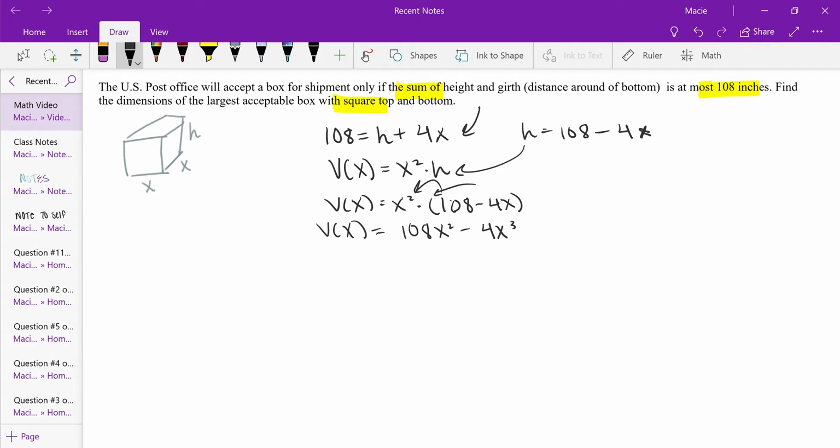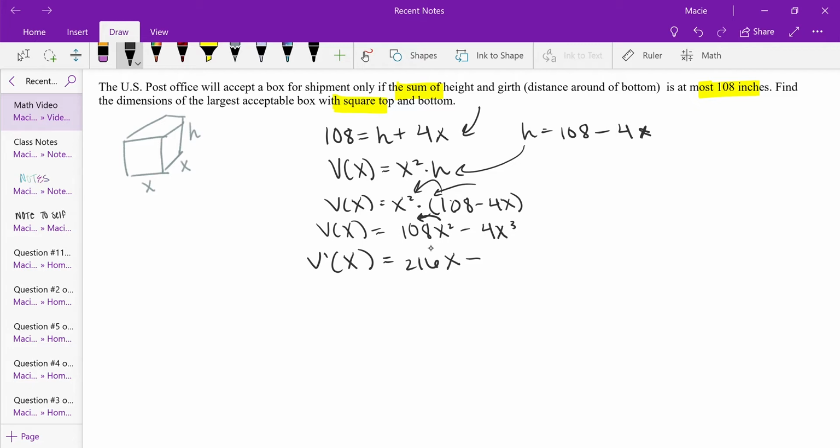The next step is to find the derivative in order to find the critical number, or what x is equal to. So we would do 2 times 108 and then subtract 1 from the exponent, so it would just be 216x, because that's the derivative of 108x squared. You take the exponent, multiply it by the coefficient, and then subtract 1 from the exponent.